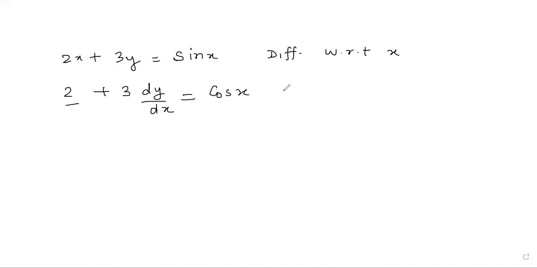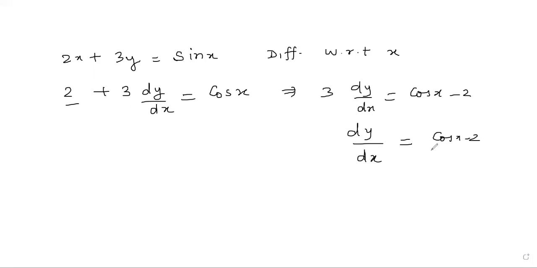This 2 can be shifted to RHS. So 3 dy by dx equal to cos x minus 2, or dy by dx will be equal to cos x minus 2 divided by 3.